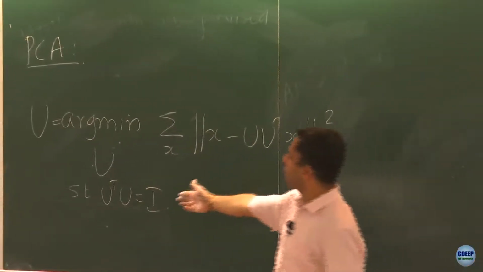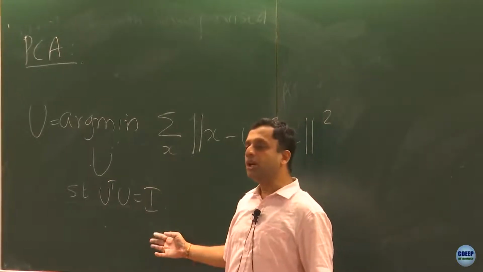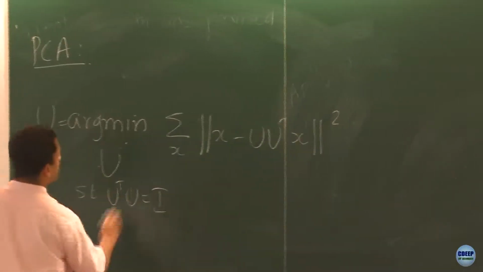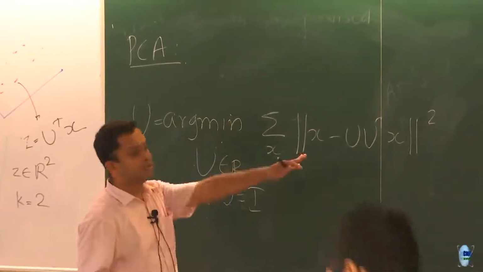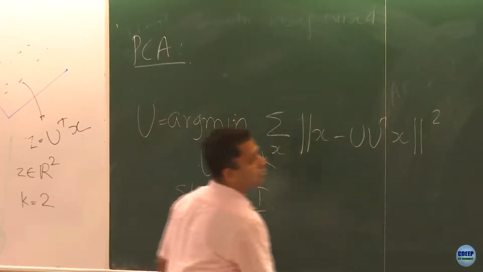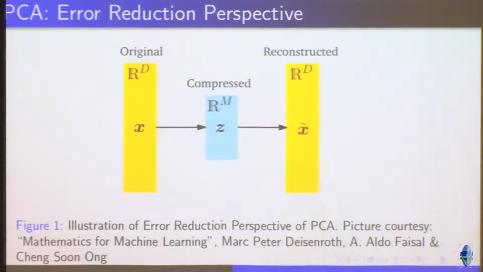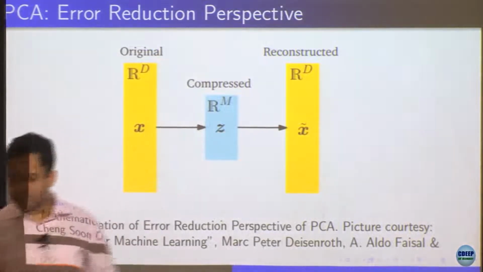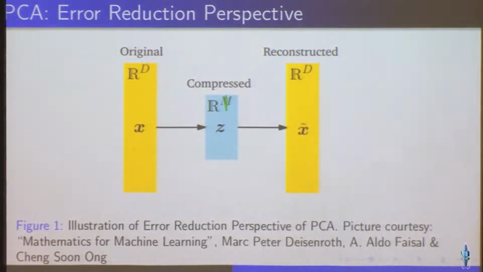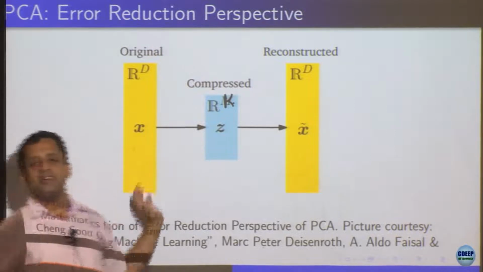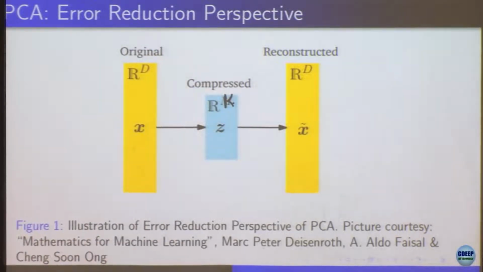Argmin over all U such that U transpose U is I, over all orthogonal matrices of dimension D cross K. Figuratively, this is what it says: I have R^D, I try to compress it to R^K, and then try to reconstruct that back in R^D, and that's X tilde.